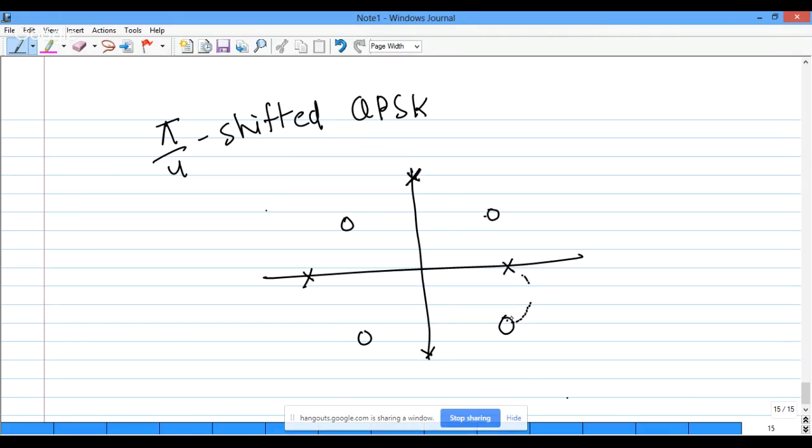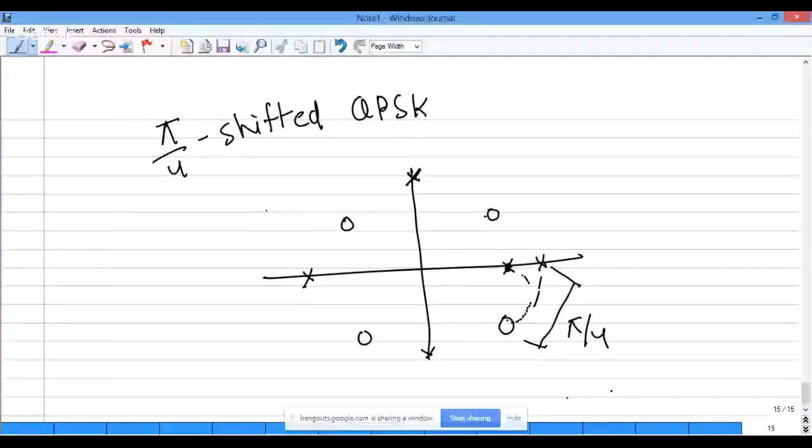That means if I have chosen a symbol in time T as this symbol, then after T by 2, I have to choose a signal from this pi by 4 shifted constellation. This ensures that you only make phase transitions of pi by 4 at every T by 2 interval. You can read more about this in detail yourself. I just wanted to give you some idea that these kinds of modulation schemes also exist.